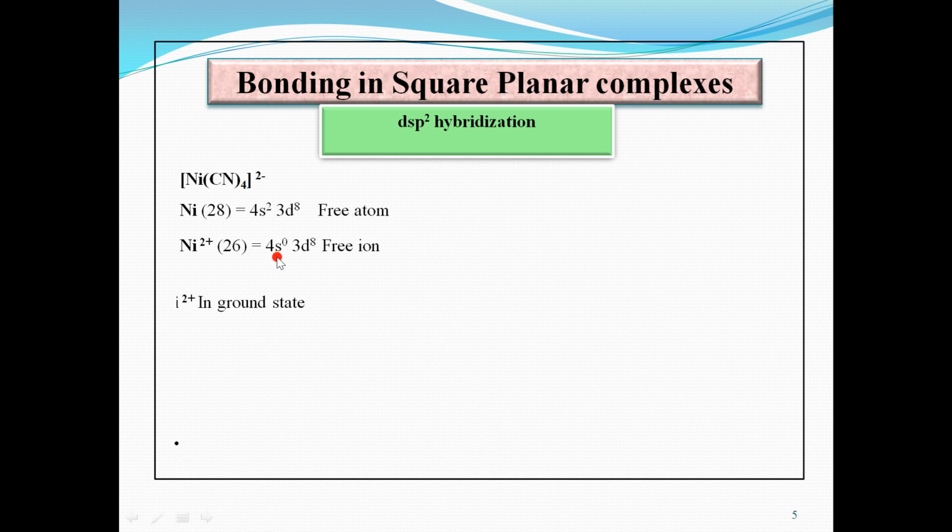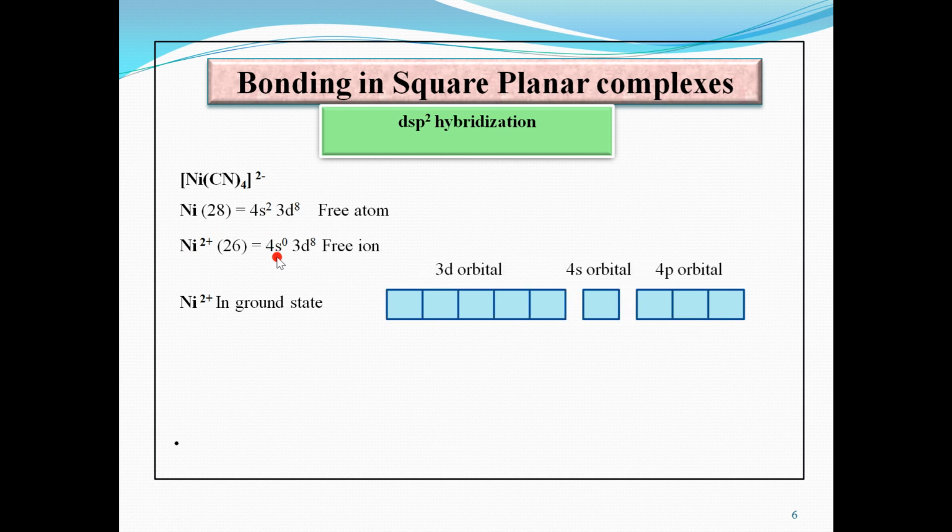In the ground state of Ni2+ there are 3d, 4s and 4p orbitals; the 8 electrons are 1, 2, 3, 4, 5, 6, 7 and 8, and the 4s and 4p orbitals are vacant.